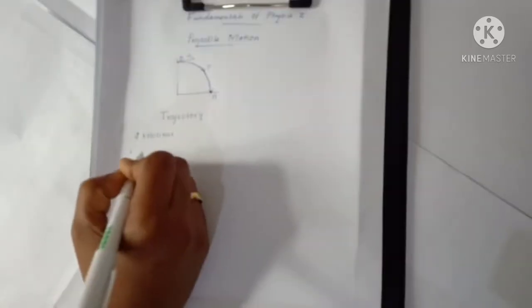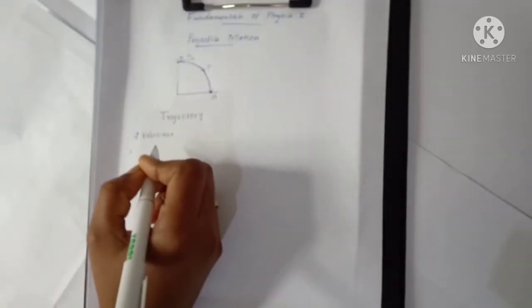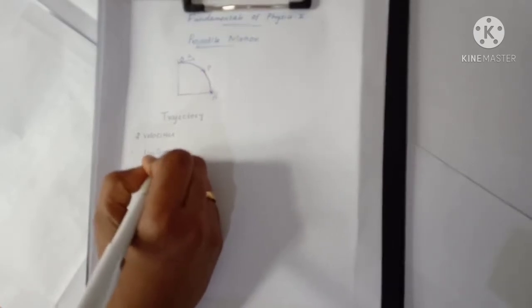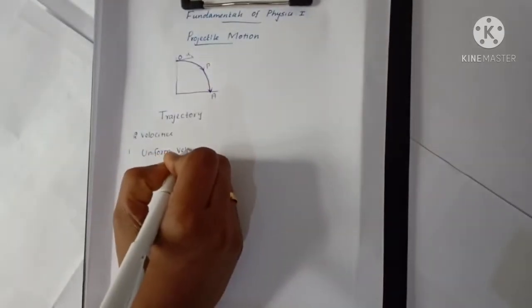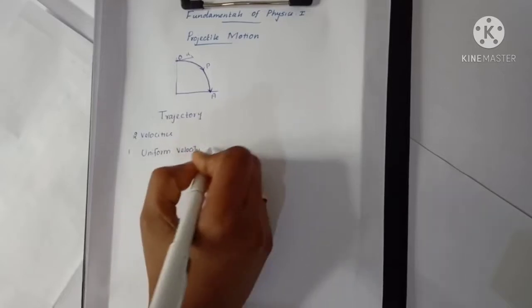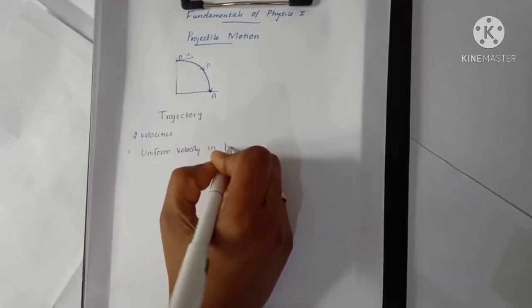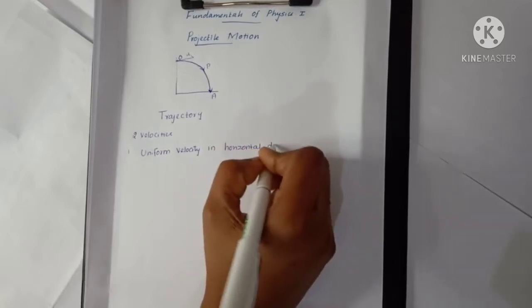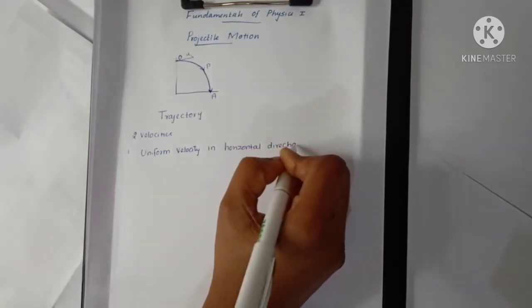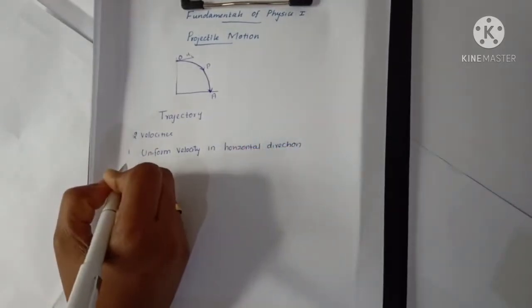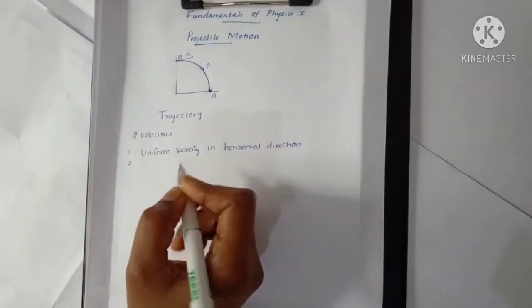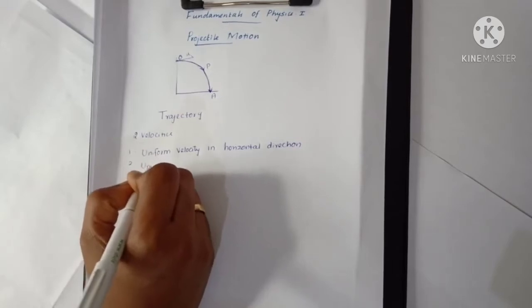The first one is uniform velocity in the horizontal direction, and the second is uniformly changing velocity in the vertical direction.